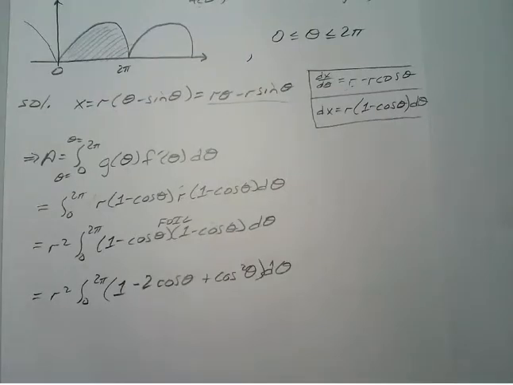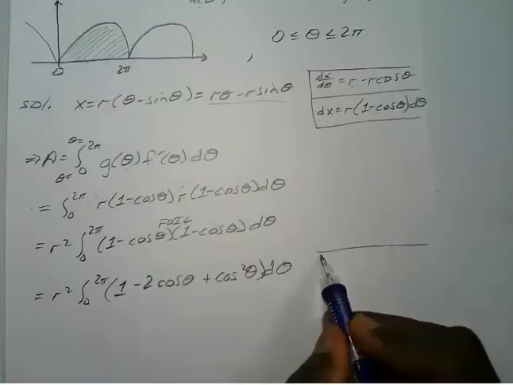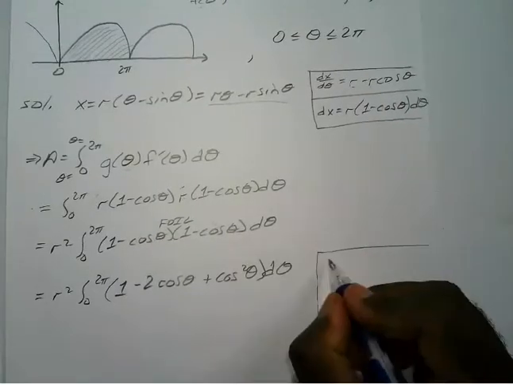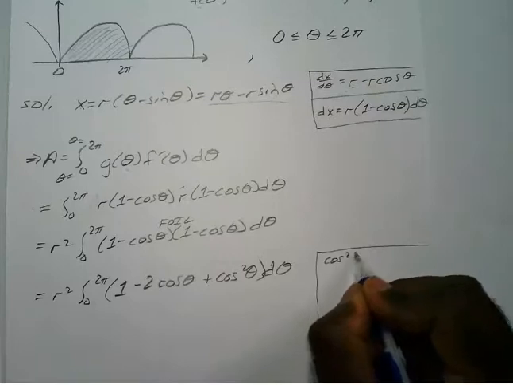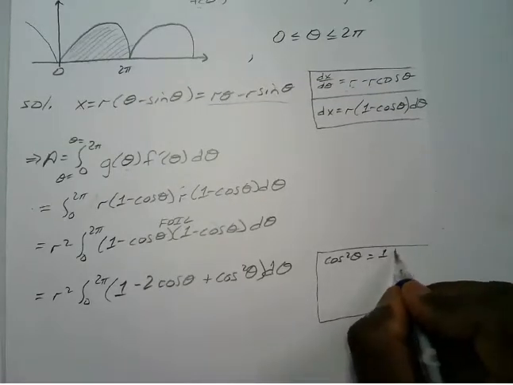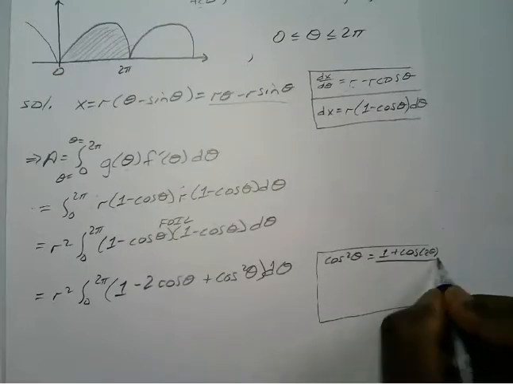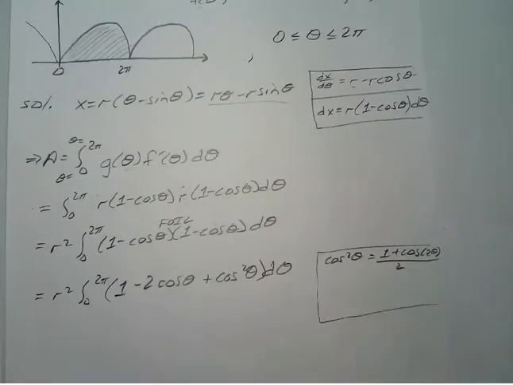Okay. Now, since we can't really integrate cosine squared theta directly, remember from trig that cosine squared theta is equal to 1 plus cosine 2 theta, divided by 2. So we can replace it with that.